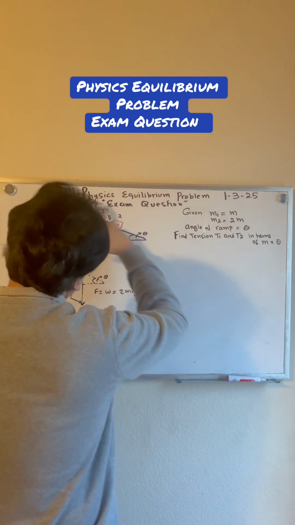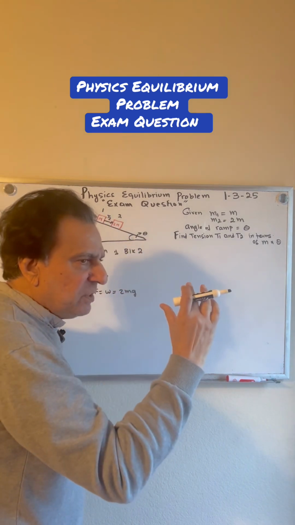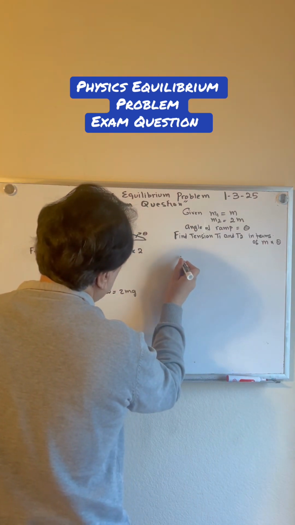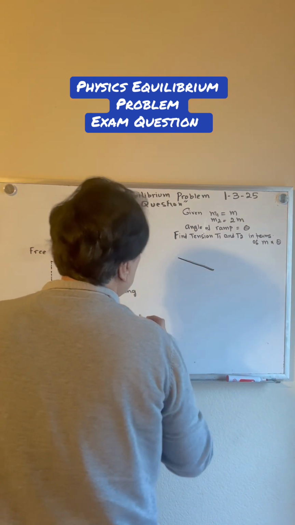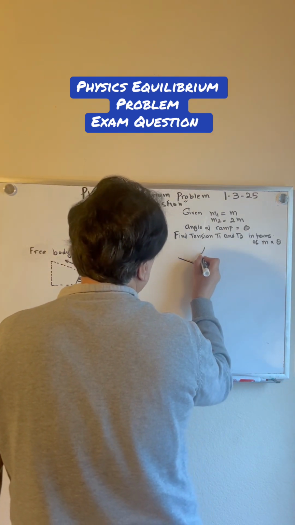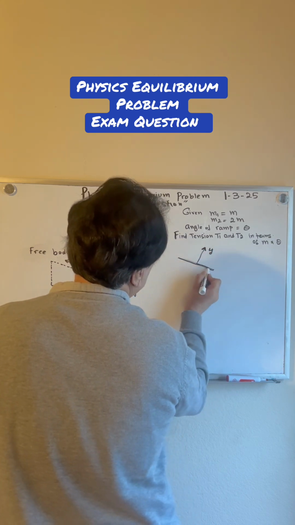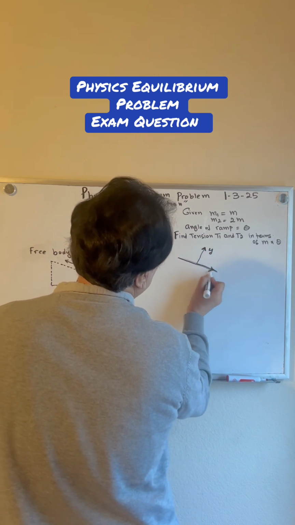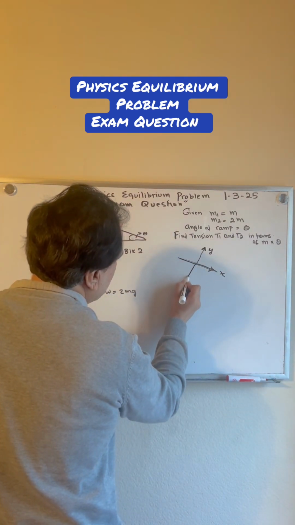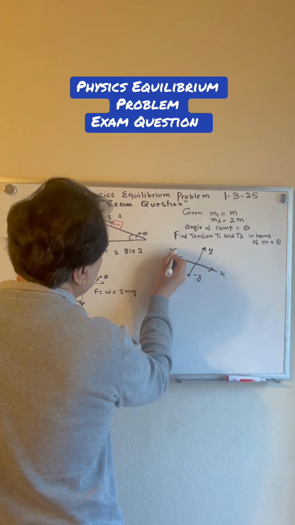Okay. So now imagine in your mind that this slope right here, this ramp right here, you draw an x-axis and y-axis in your mind. So if this right here, my friends, is the ramp, you're going to say this right here is my y component, and this right here is my x component. Obviously this right here is going to be negative y, and this right here is going to be negative x.